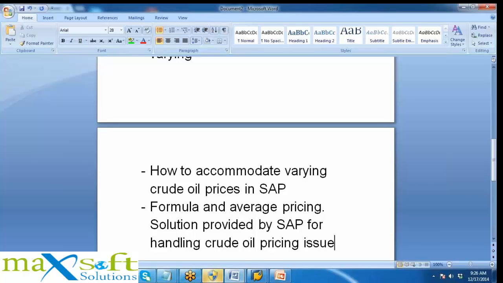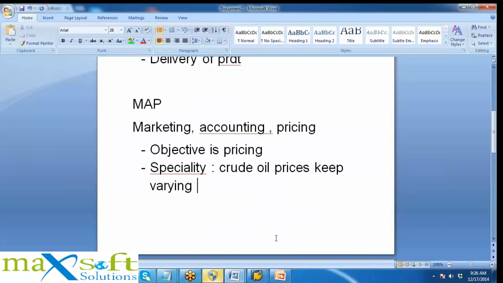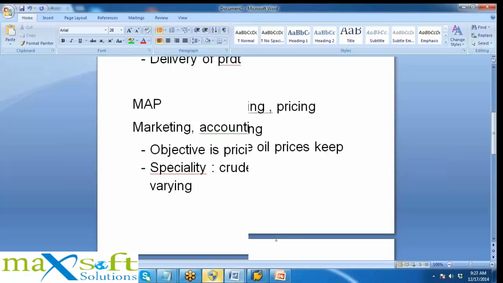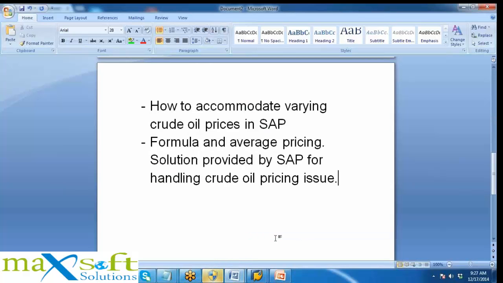Only for the crude oil pricing issue we have formula and average pricing, and so many other pricing functionalities are there. We will see them within MAP itself. But now you must be aware MAP deals with the pricing, mostly crude oil, and other product prices also are taken care of. How to handle the varying price.